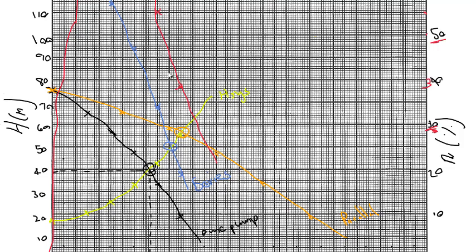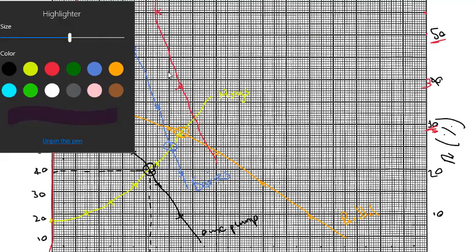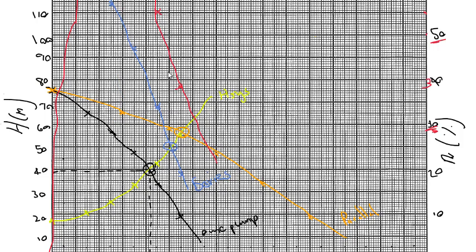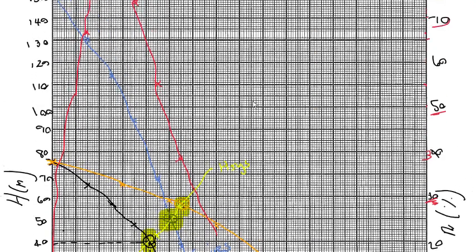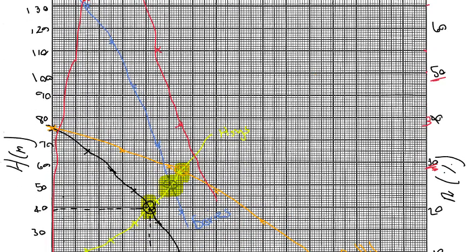So we're going to read these values: that working point, this working point, and this working point. And we're going to read off the efficiency values. Alright, so what I'm going to try and do is add another screen here to help us.